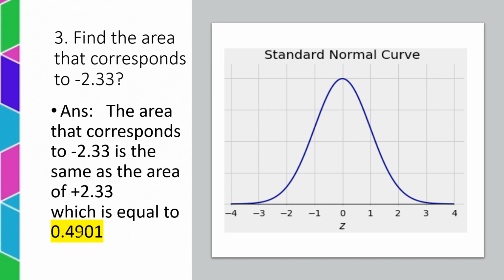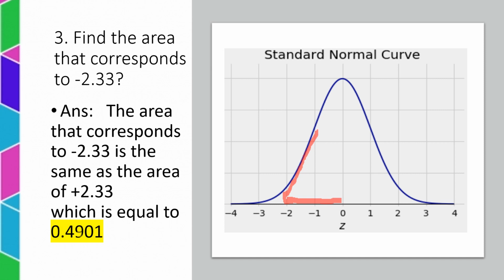So from 0 again, hanapin natin yung negative 2.33 in the graph. So from 0, going to negative 1, negative 2, to negative 2.1, negative 2.2, negative 2.3. Okay? So, this is the shaded region.